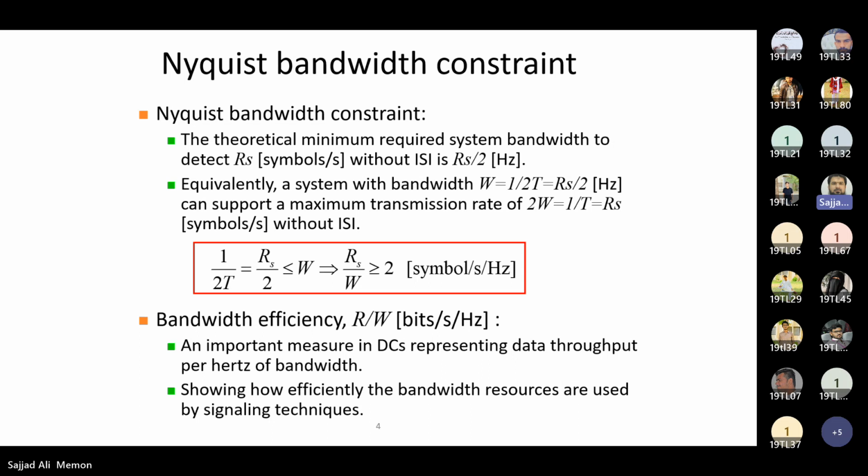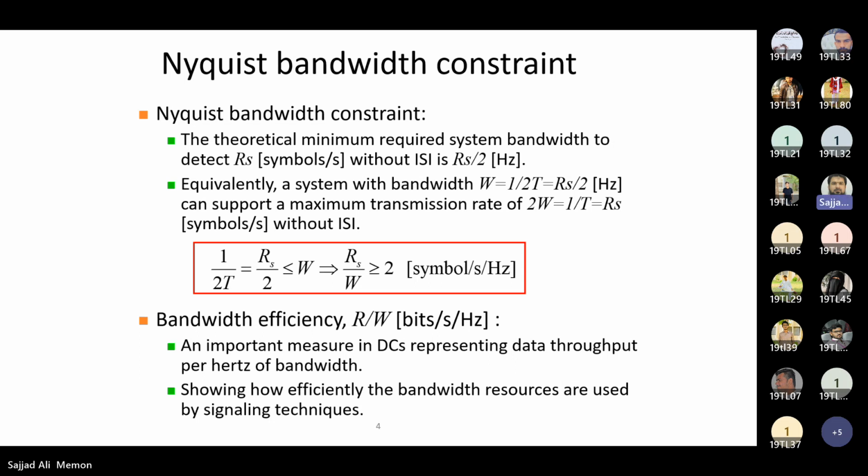Whatever the symbol rate is, we divide it by 2. That is the minimum bandwidth required theoretically to receive the symbols without inter-symbol interference.